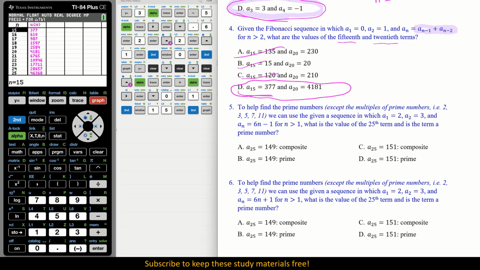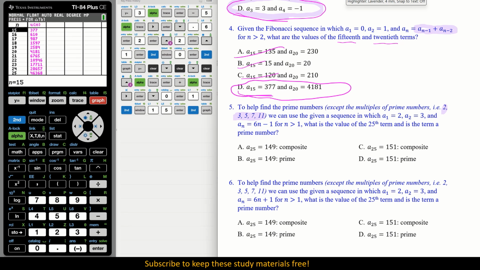Okay, so number 5 says, to help find the prime numbers, accept the multiples of the prime numbers. Okay, this is important: 2, 3, 5, 7, and 11. We can use the given sequence in which a(1) is 2 and a(2) is 3.